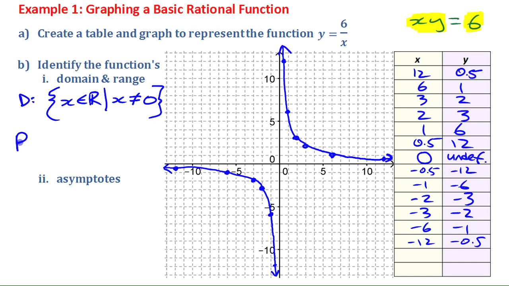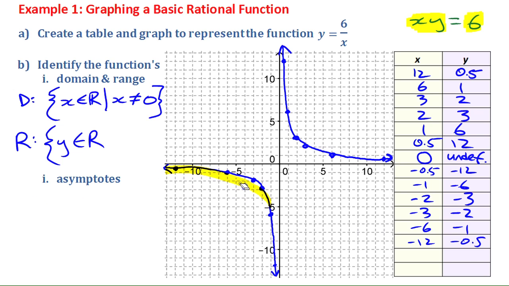And if we want to do the range of this thing, it's the same thinking here. The y values, you can get every possible y value other than 0, because again here, as this curve goes down here, it's going to get closer and closer to 0 but not reach it. So it's going to cover every positive value. And then this branch of the curve is going to approach 0 from that side.